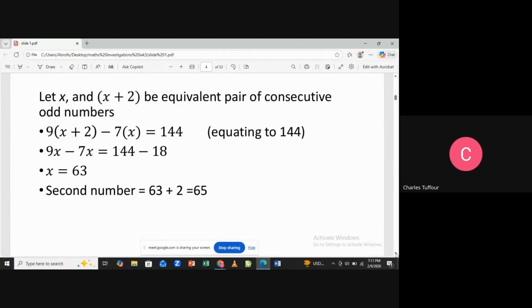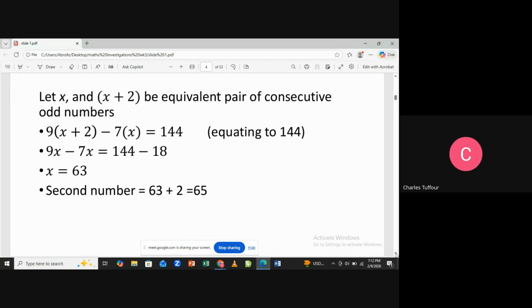Are you okay with the solution? Yes, sir. So how do we get the plus 2? We know that the first number is x. What is the first odd number? 1. Second odd number? 3.